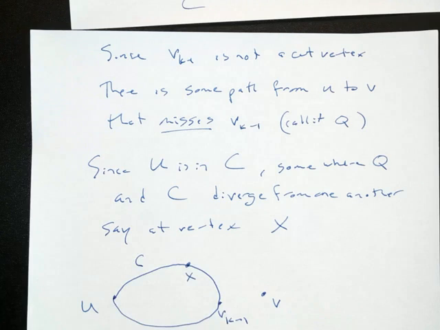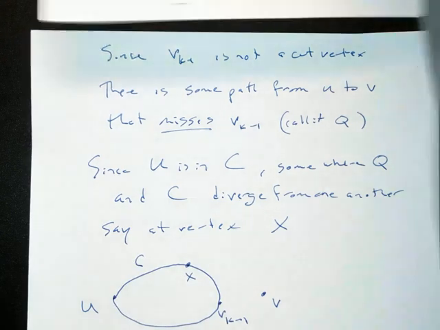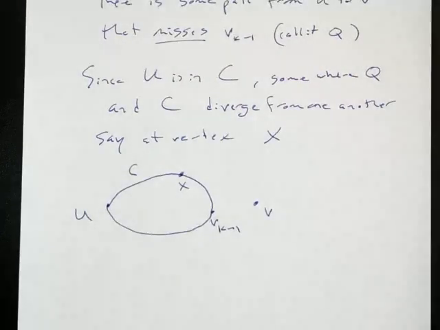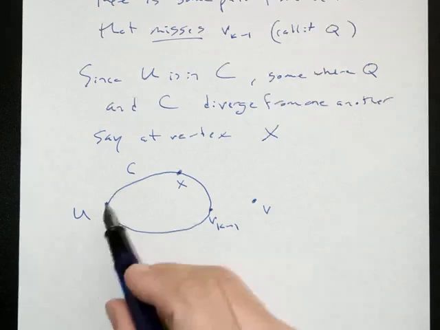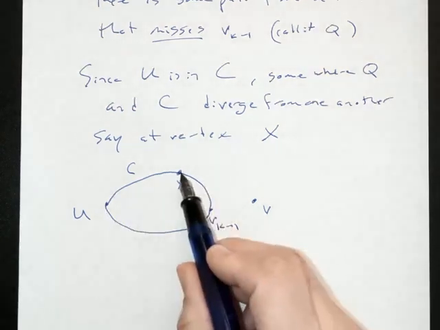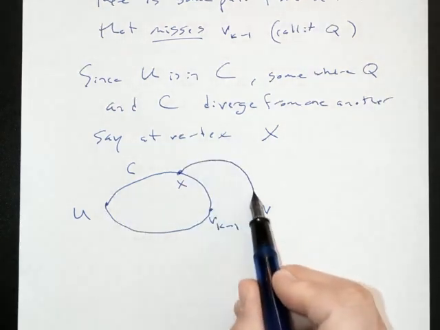There's my cycle C. But to go from U to V, I have to have a path, Q. And Q separates from my cycle here.